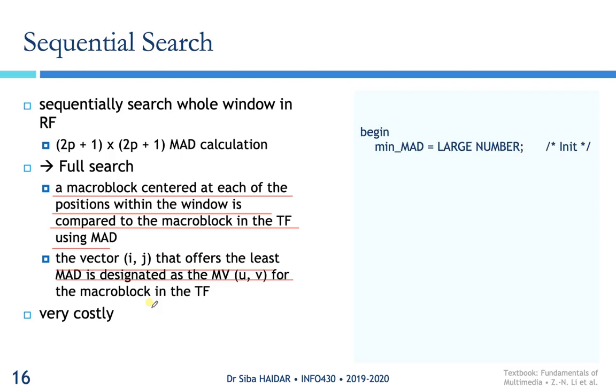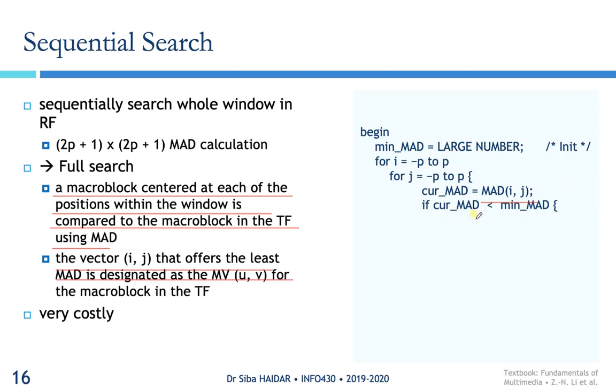Begin, initialize the minimum to a large number in order to find quickly the minimum, and for I going from minus P to P, for J going from minus P to P, current MAD equals MAD of IJ. Here MAD of IJ is a function that simply does the double summation over n2 of the absolute value of the difference.